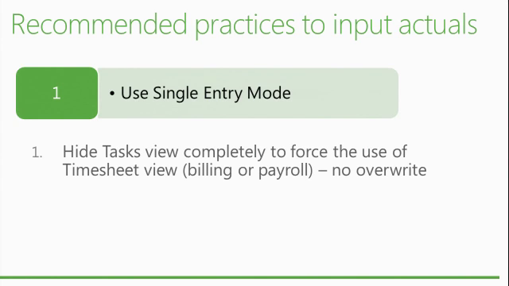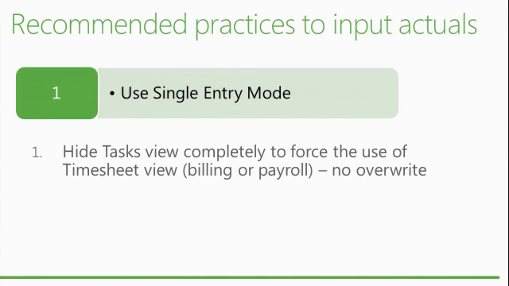If you allow the task view to still be accessible to the users, they may be untrained. They may not understand what's happening, and they may be tempted to enter hours once in the timesheet and once for the task updates, and the result may not match.